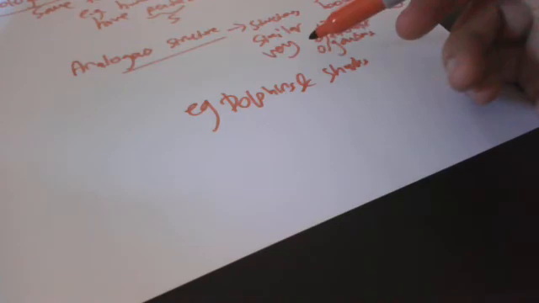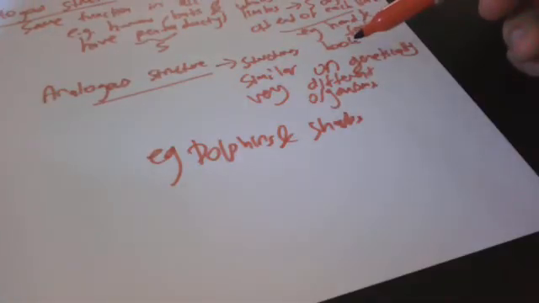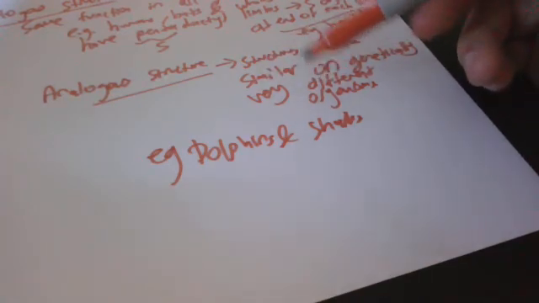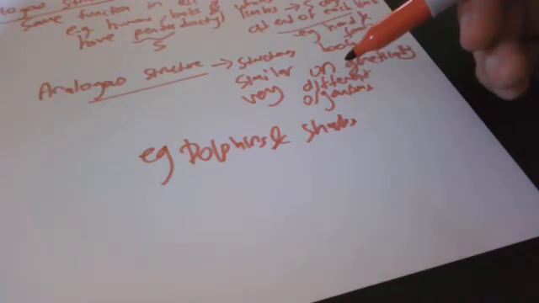For example, dolphins and sharks. They have similar body shapes and fins because they evolved in similar marine environments. So they're genetically different, but they've got similar structures like fins to swim with.